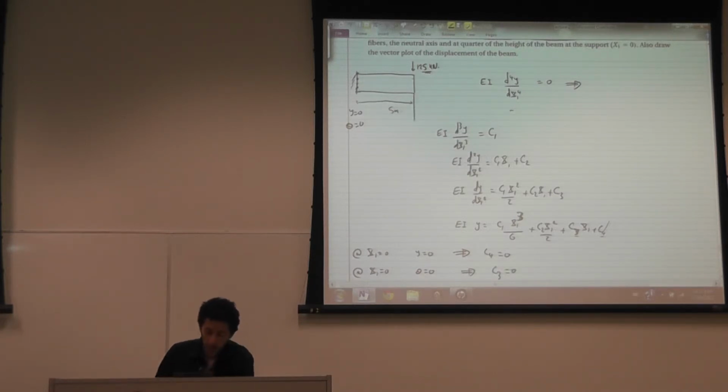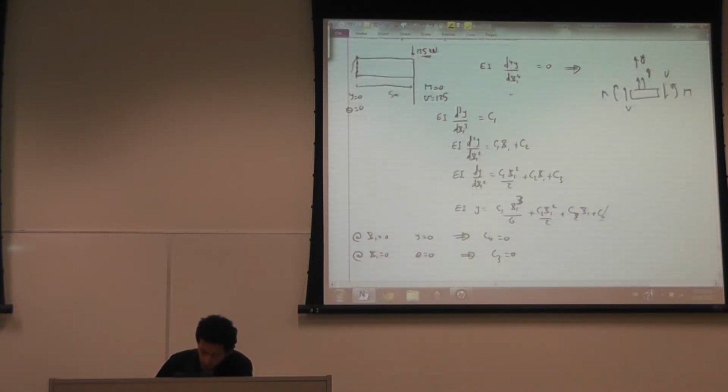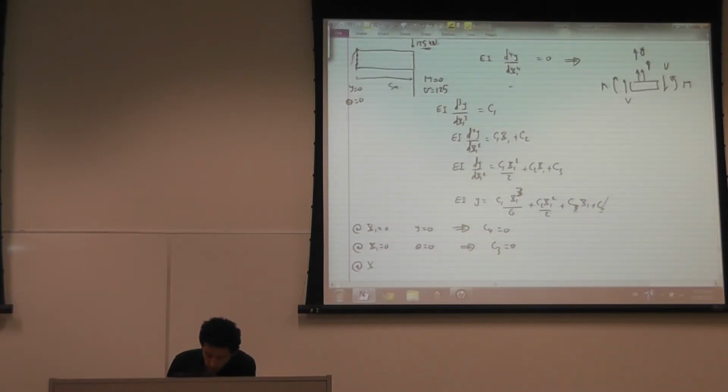Right here, I have no applied moment, so the moment is equal to 0, and the shear is equal to positive 125. Remember, this is your positive shear and moment, and positive Q and positive Y. At x1 equal L, the moment equal to 0, which will give you C2 is 0.